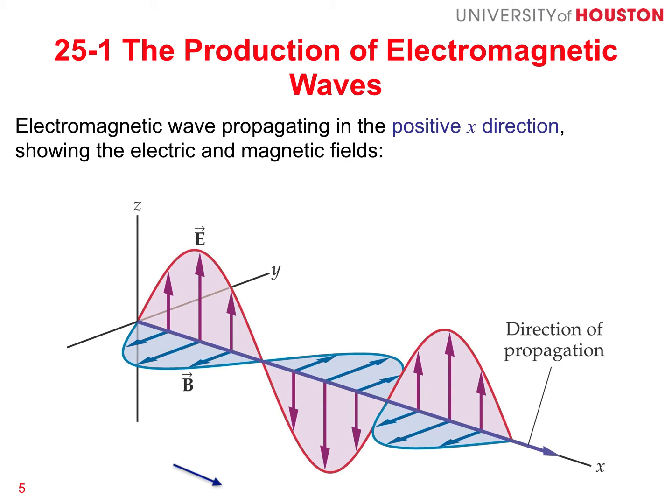We can see that the electric field points in the z direction and the magnetic field points in the y direction. We can also see that the electric and magnetic fields are in phase. By that, we mean that the peak of the electric field will occur at the same x position as the peak of the magnetic field. The same applies to the minima.